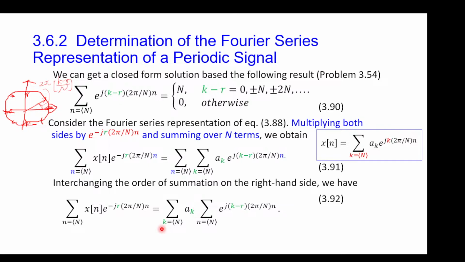So sum over k of a_k, and the sum over n is the exponential e to the j (k minus r) 2 pi n divided by N. And so here we see why we wanted to discuss this. This summation here is this summation here, so we can substitute one for the other.